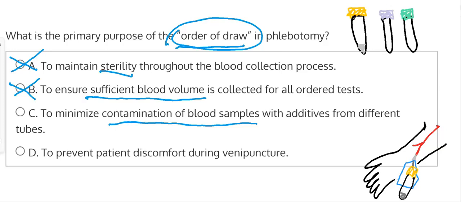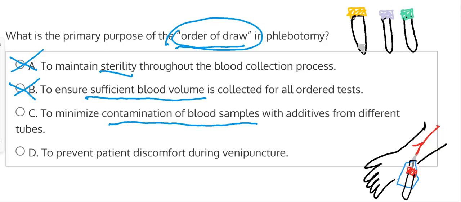Now the blood is filling up the tube from the patient. Right after that, you attach your red tube, for example. I know there's not a red tube up there, but let's just say we have one, and there's no additive on this tube.